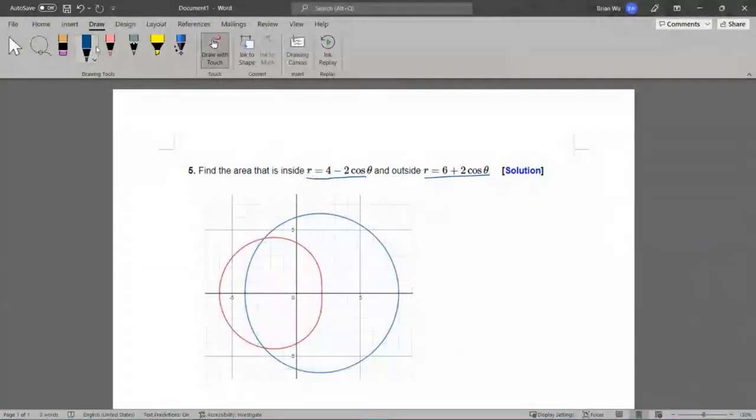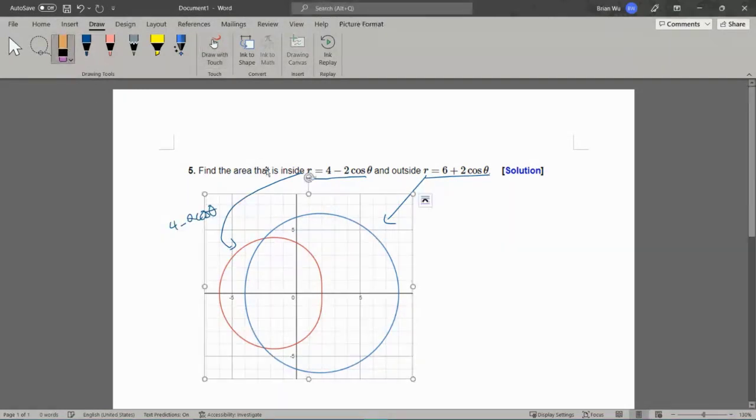I believe the blue one is 4 minus 2 cosine theta. You can also see that these graphs are basically just big circles. If you know the equations and what the format is, you should be able to graph the circles yourself. But this is what they look like from Desmos.